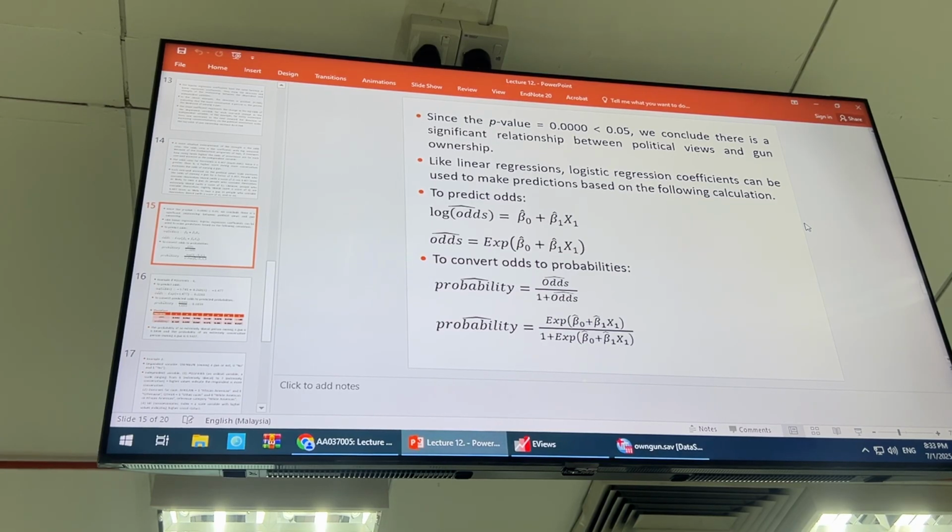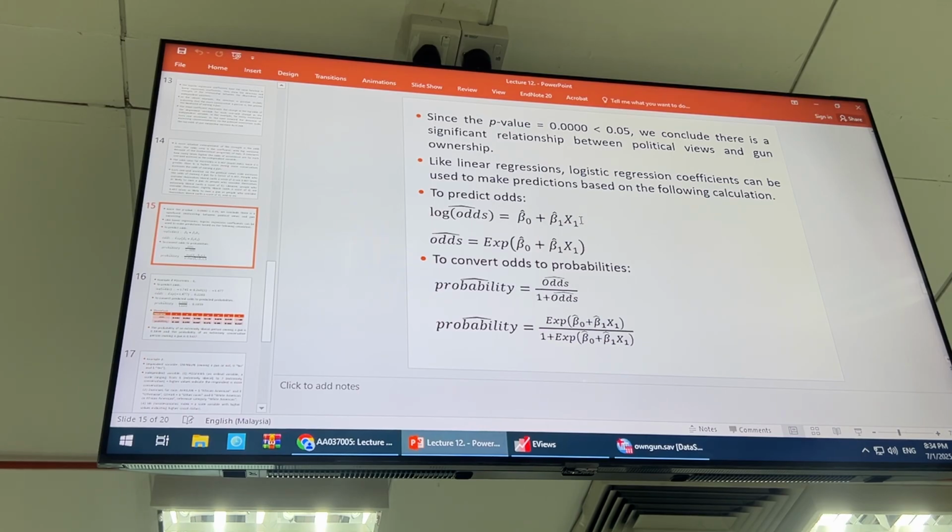Like linear regression, logistic regression coefficients can be used to make predictions based on a calculation. You can calculate the fitted values as usual: y hat equals the estimated value for the intercept plus the estimated value for the slope times the regressor, the independent variable. But that gives you the prediction of log odds, not odds.